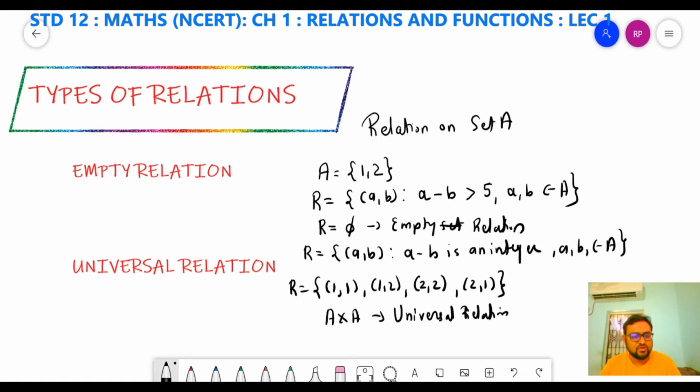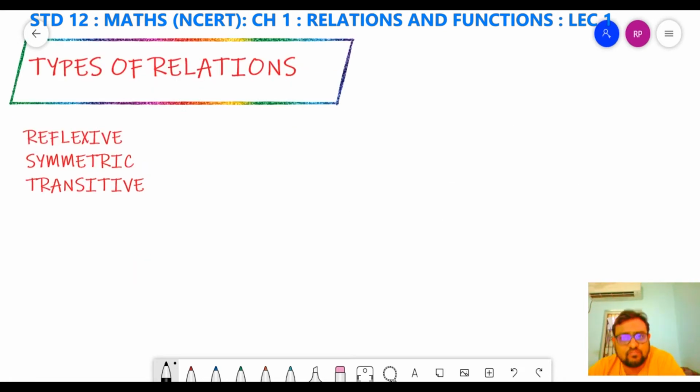Okay, now let's move to the next type of relations. The next is reflexive, symmetric, and transitive. Okay, so first let's start with the reflexive. Okay, what is a reflexive relation?